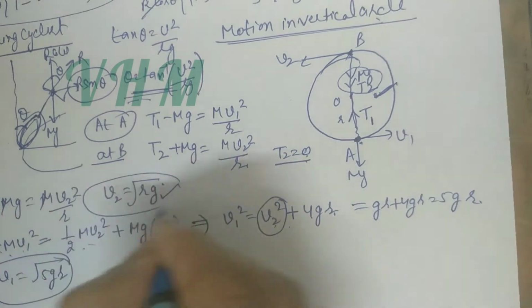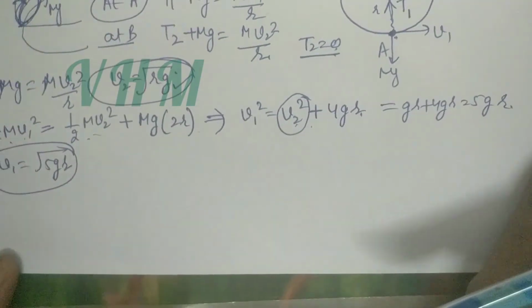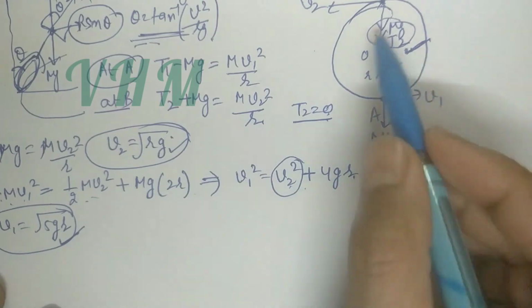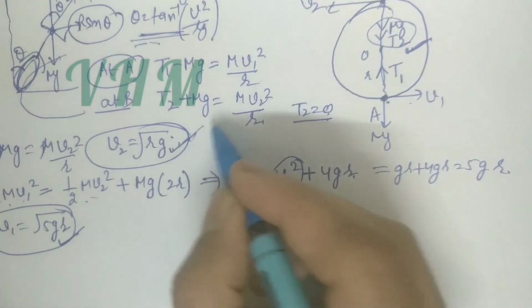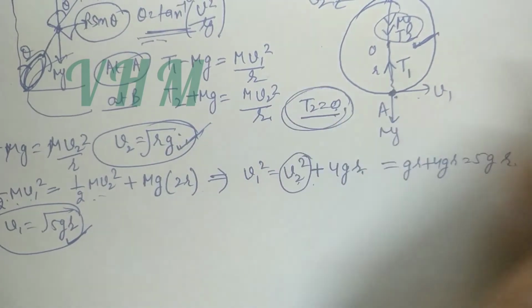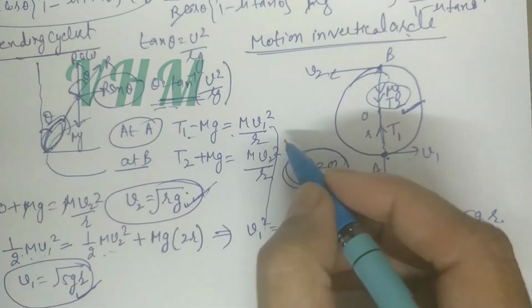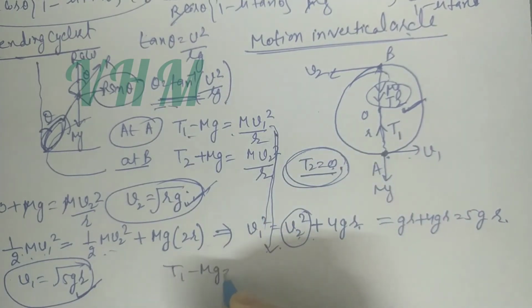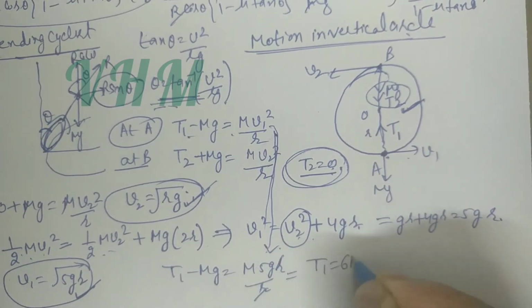So to loop this circle completely, the velocity at the lowest point must be under root 5gr, and at the highest point the velocity is under root gr. Now the tension at the top is 0. Then what about the tension T1? If we write this equation as T1 minus mg equals m times 5gr upon r, r cancelled, then we get T1 is 6 mg.